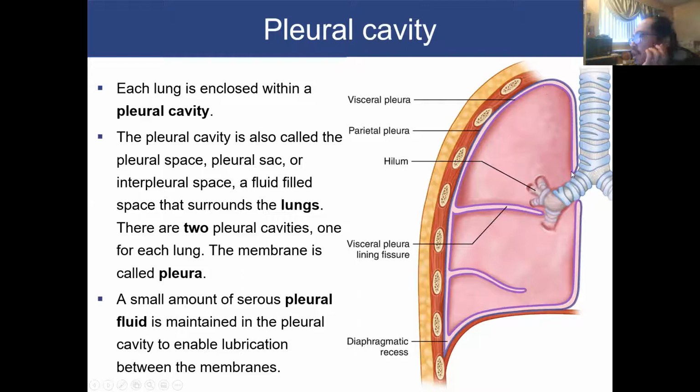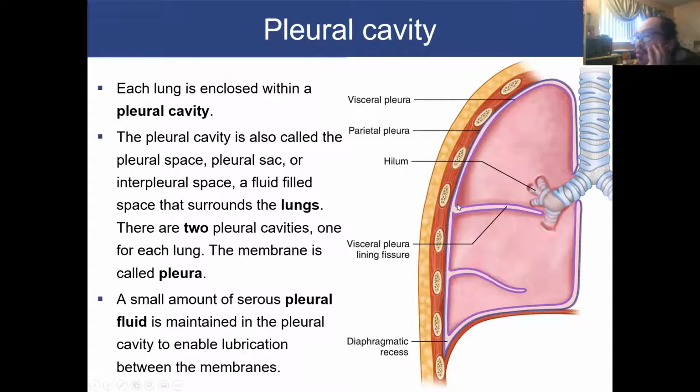One is attached to the lung, like this one here. This one is called the visceral pleura. This visceral pleura is attached to the lung, so it's thinner and more delicate.